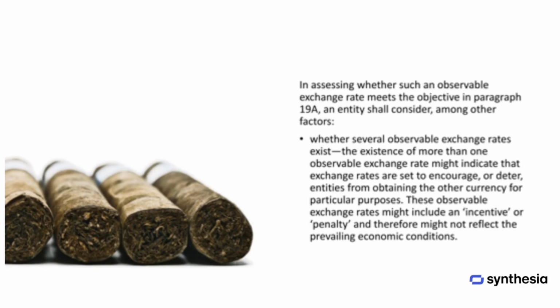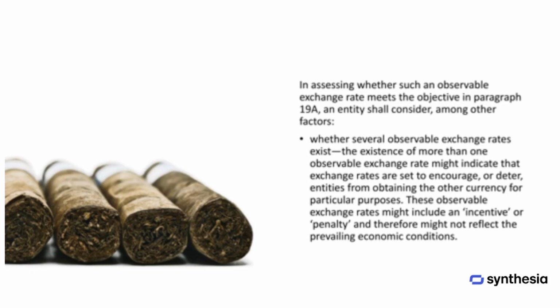When an entity wants to use an observable exchange rate for estimating the spot exchange rate, especially when the currency is not exchangeable for the intended purpose, it needs to be careful. The entity must assess whether that rate truly meets the objective described in paragraph 19A. To do that, it should look at several factors. One important factor is whether multiple exchange rates are available in the market. Why does this matter? Well, the existence of several observable exchange rates could signal that those rates are being intentionally influenced.